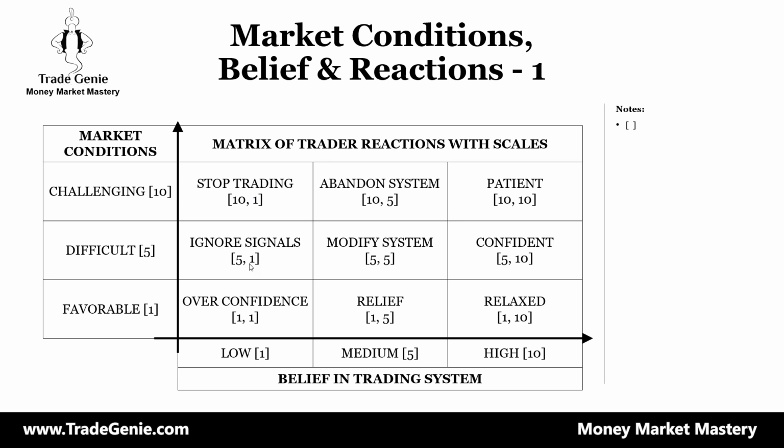If it's telling us the exit signal, we ignore it, or we start modifying the system. When the market condition is favorable and we have a low belief, we have just been introduced to the system, we become overconfident and we overtrade. When we have medium, then we are relieved. But if we have a high belief, then we are relaxed, confident, and patient in the challenging market. So these are the 9 quadrants.